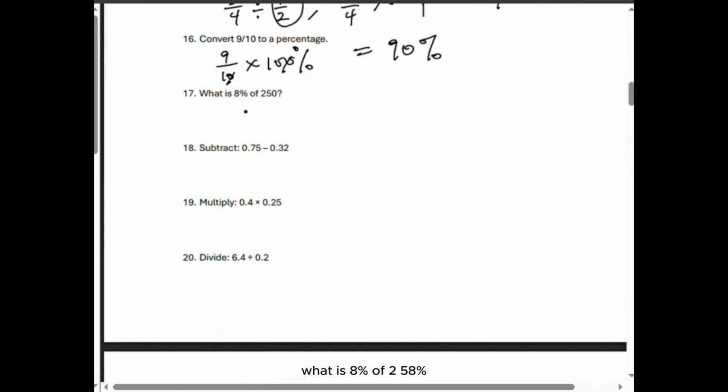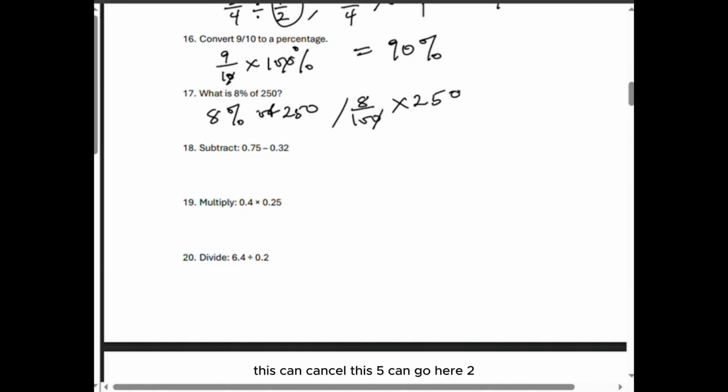What is 8% of 250? 8% of 250 equals 8 over 100 times 250. This can cancel this. 5 can go here too. So you're left with 4 times 5, which is 20.